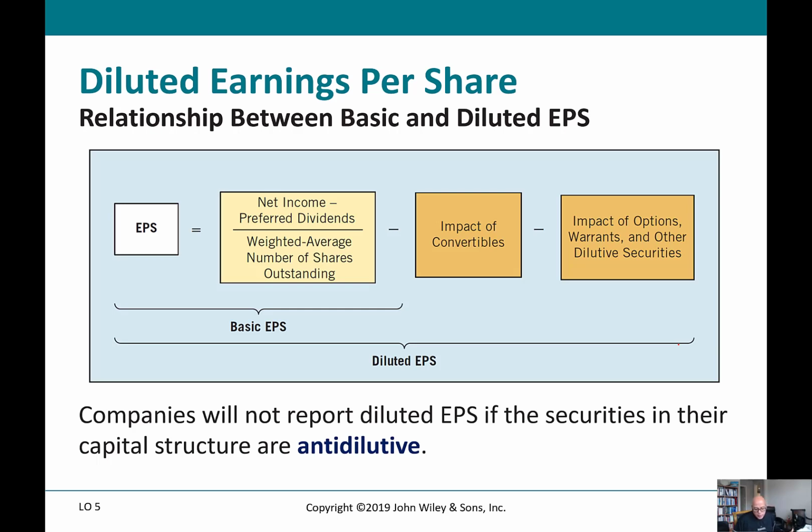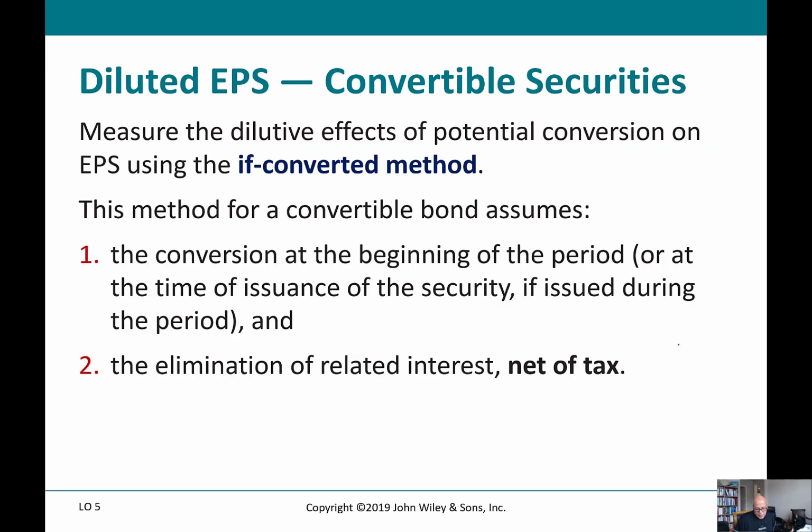Okay, so let's take a look at what we call the if converted method. And this is really used for convertible bonds, right? Remember we had the example where you convert a bond into common stock.